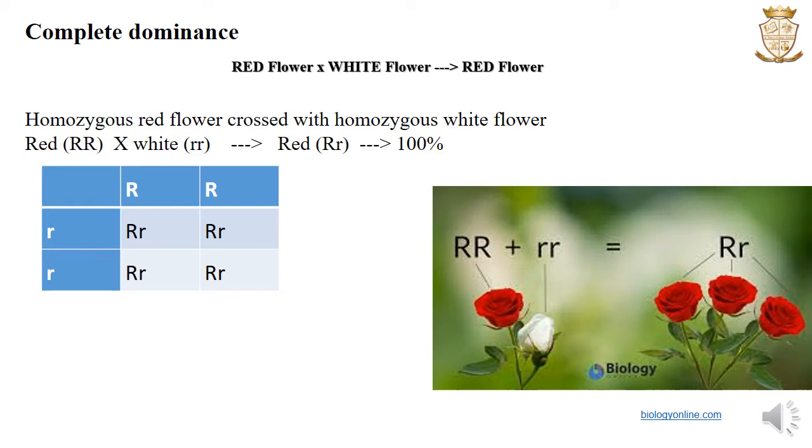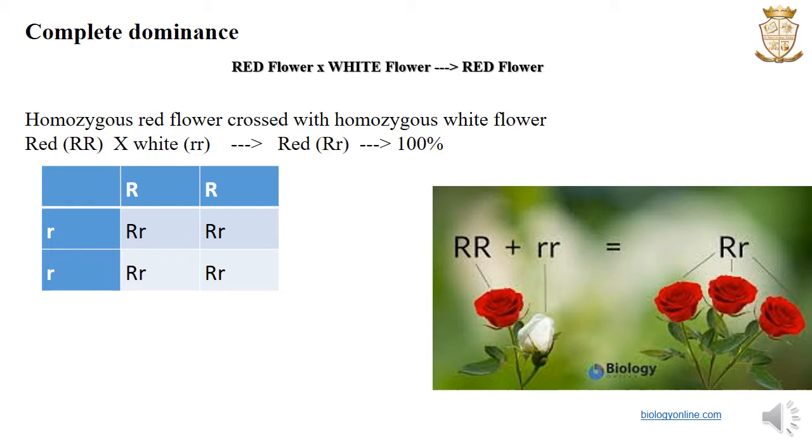As a result, in Mendel's experiments, offspring always looked like one of their two parents due to the complete dominance of one allele over the other. The phenotype of the offspring from parents with different phenotypes always resembled either one of the parents.